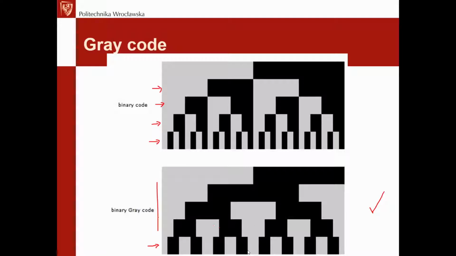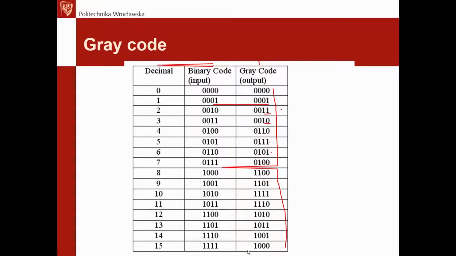Additionally, it's very good for code correction and error checking, because two neighboring positions differ in just one position.